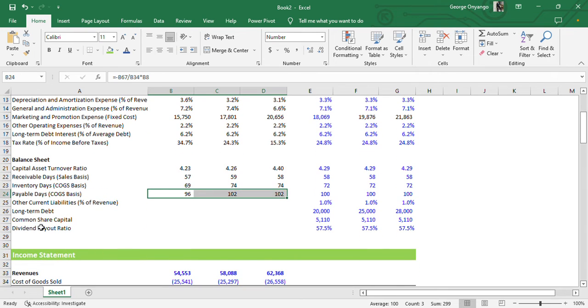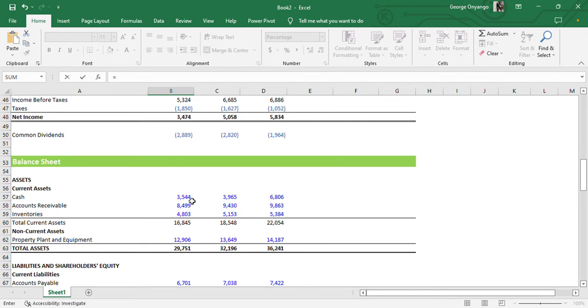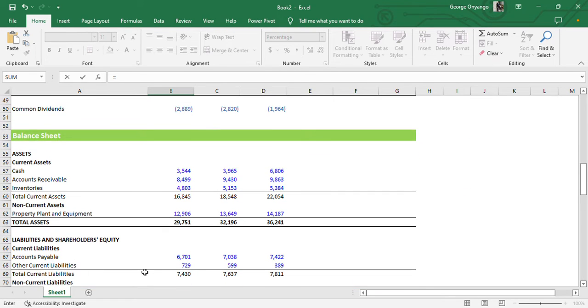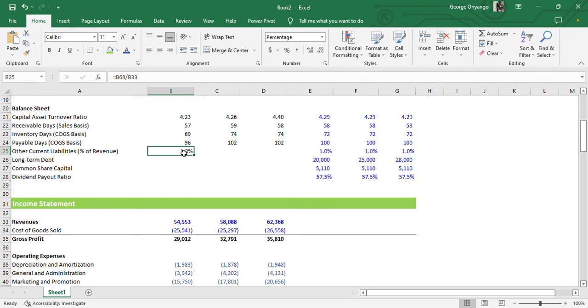Then we have other current liabilities. These are a percentage of revenue. So other current liabilities are here. What is their percentage of revenue? We see it is 1.3%.